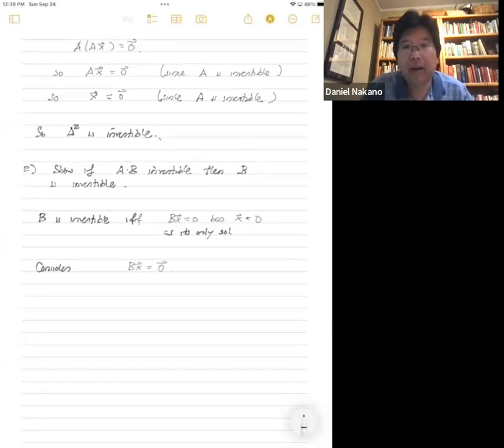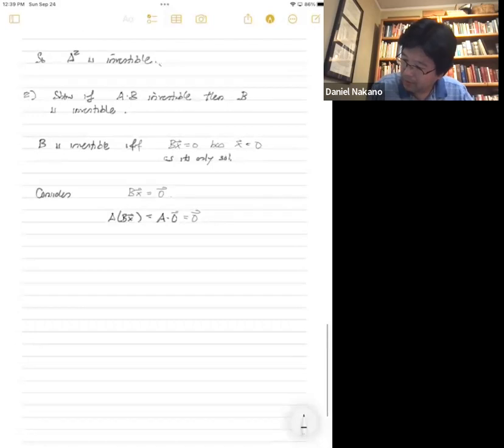Now I want to use the fact that A times B is invertible. Well, how do I get the A times B in there? It's kind of obvious, right? You just multiply both sides by A. So that means that A times Bx has to be equal to A times 0, which is the 0 vector. Now you use associativity: A times B times x is equal to the 0 vector.